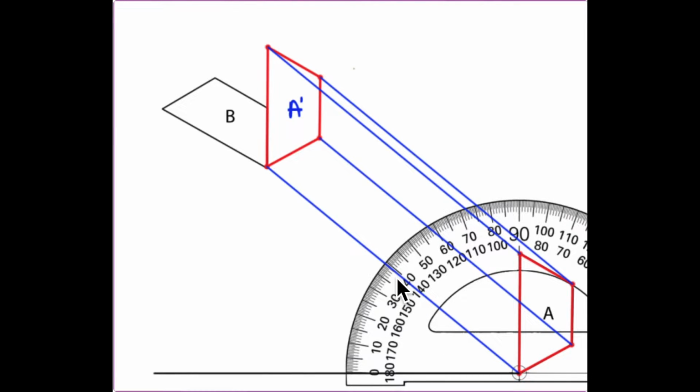You could probably round it off to 40 degrees, but using that angle and also this length, you have to measure this length. You could describe this movement as moving figure A at an angle of 39 degrees and describe the distance that you move this image. The only issue is that this point right here has to land right on top of this point for figure B.